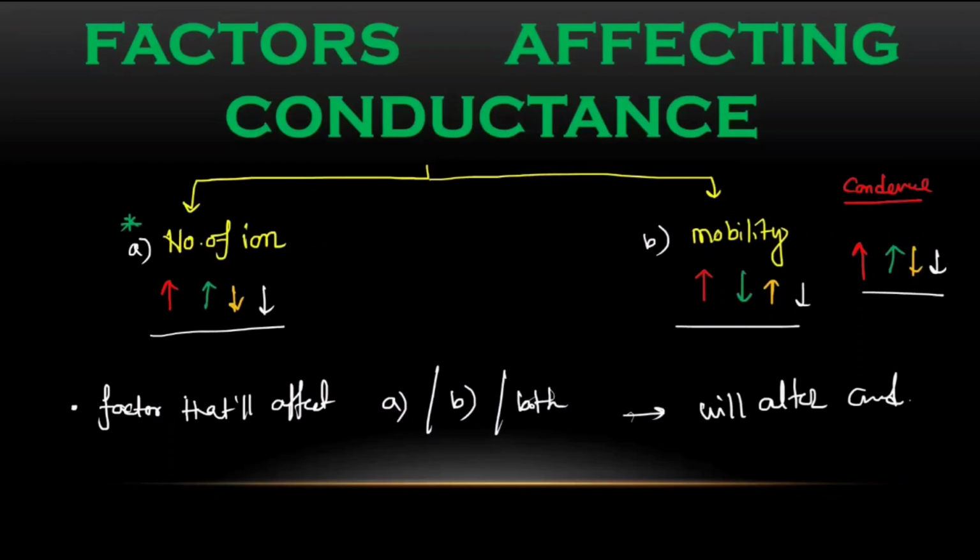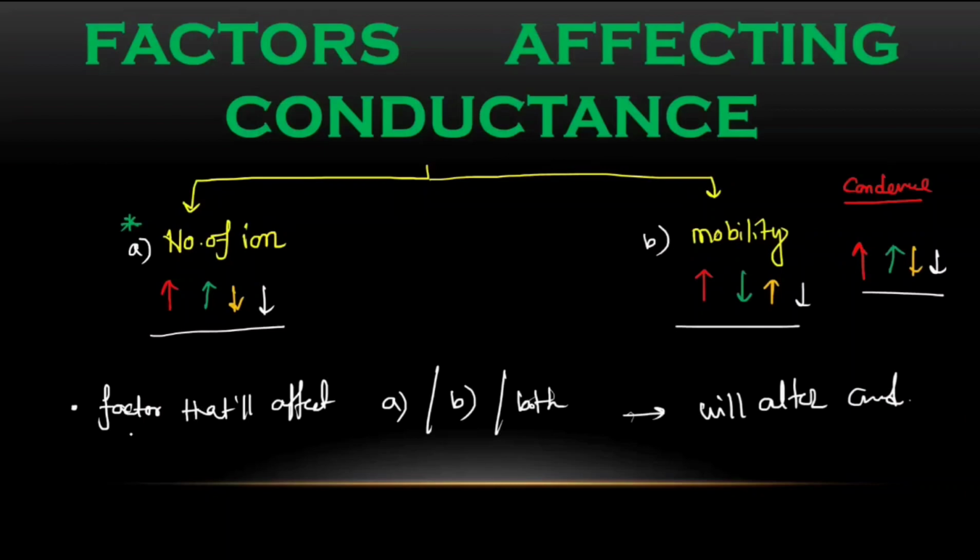So we can write this: factors that will affect number of ions or mobility or both are going to alter the conductance. And how they will alter, we have seen already, right? Suppose there is a factor that is increasing number of ions and increasing mobility, so we can say that overall conductance will increase, right?